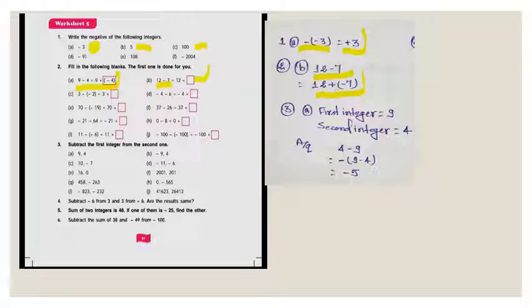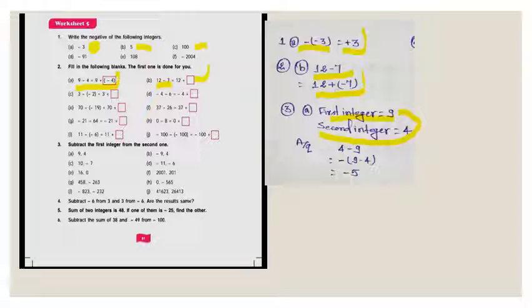In question number 3, subtract the first integer from the second one, which means you have to subtract the second given integer from the first. In question 3a, the first integer is equal to 9 and the second integer is equal to 4.